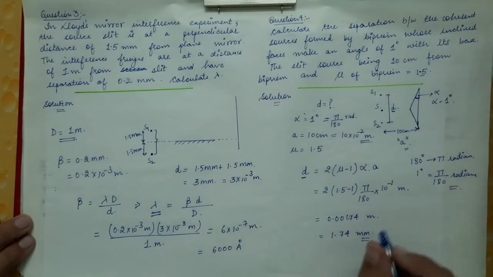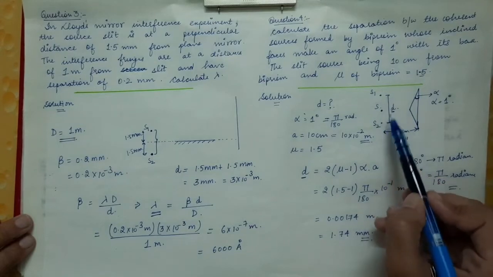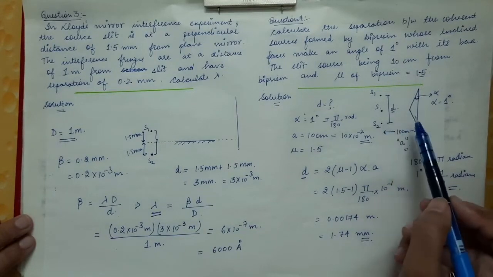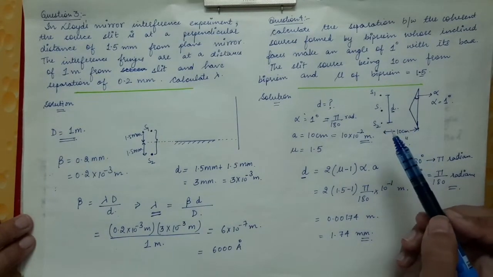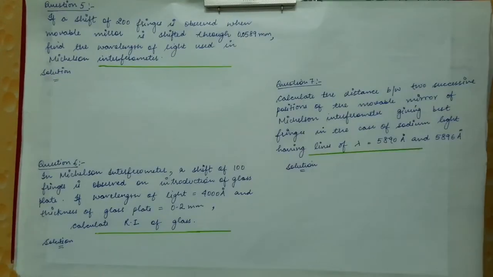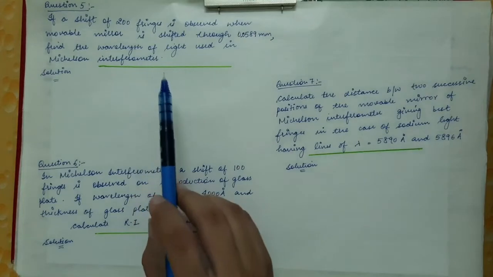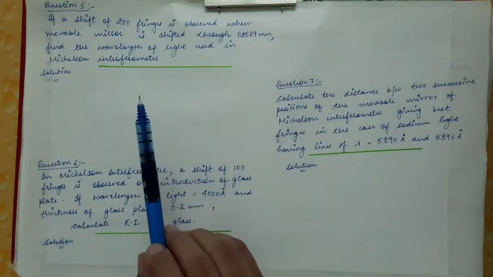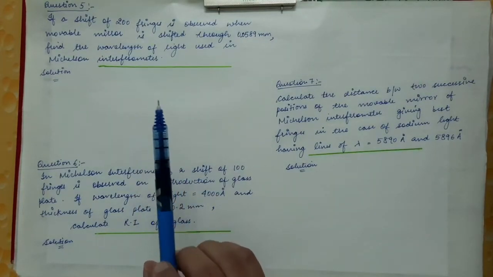So this is the separation between these two virtual sources which are formed in the experiment of the Fresnel's biprism. The next numericals that we are going to discuss are based on the Michelson interferometer experiment.